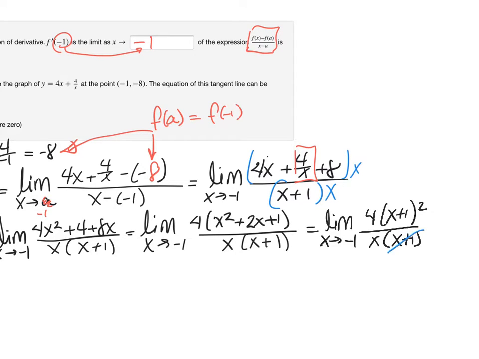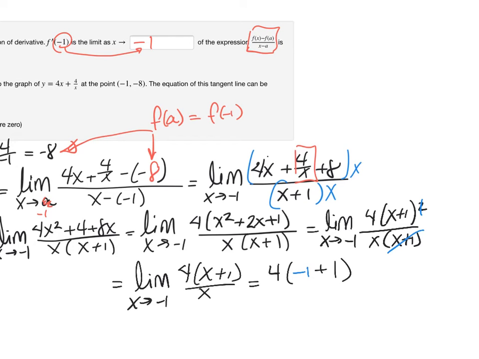In this case, my x plus 1 will cancel with one in the numerator, leaving me the limit as x approaches -1 of 4 times x plus 1 over x. Now I can go ahead and do a direct substitution, and so I have 4 times -1 plus 1 all over -1. So my answer is 0 when it's been simplified.